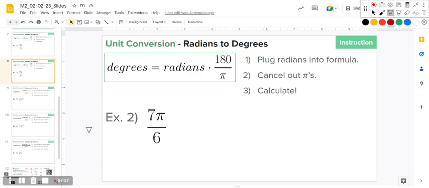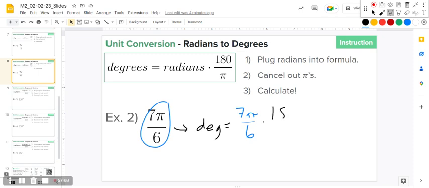All right, if you've got a good grasp on this, I'd say go ahead and pause your screen. Try this out on example 2. We're just going to do the same thing. When you finish the problem, unpause it, come check it against mine. But we have 7 pi over 6 radians, so I'm going to rewrite that into our formula. We get the degrees are equal to our radians, which again I'm going to use as blue, 7 pi over 6 times 180 divided by pi.